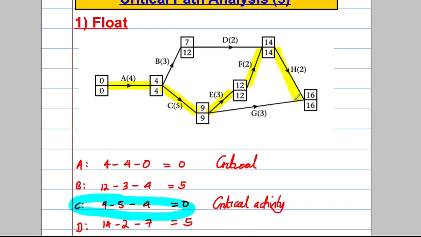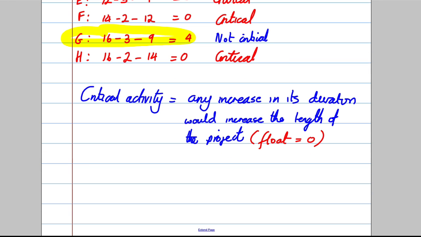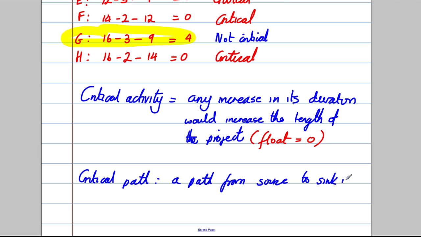Now, we need to define something called a critical path. It's a path from source to sink nodes along just critical activities.